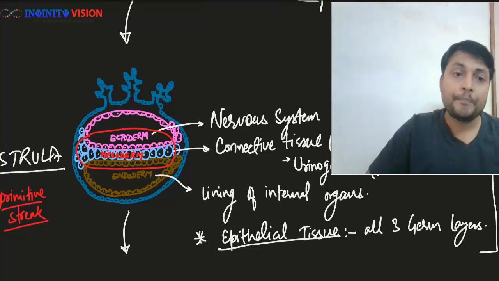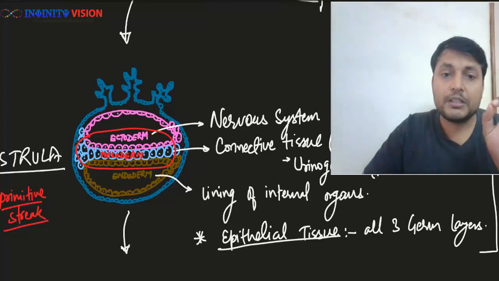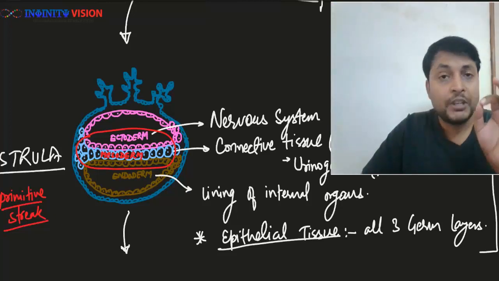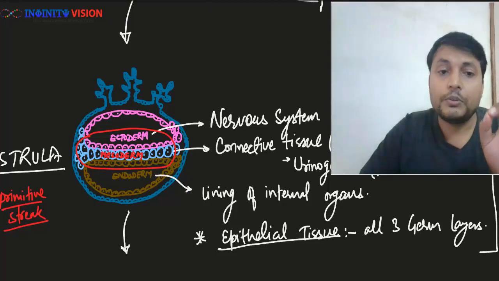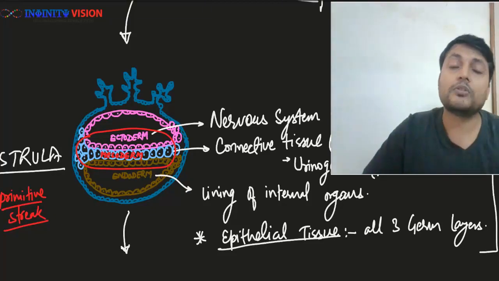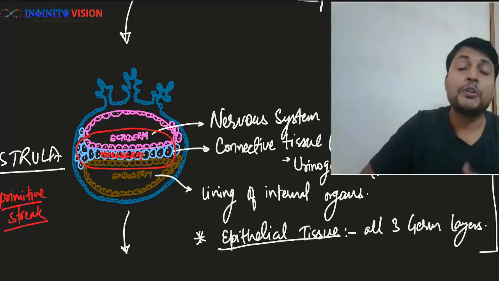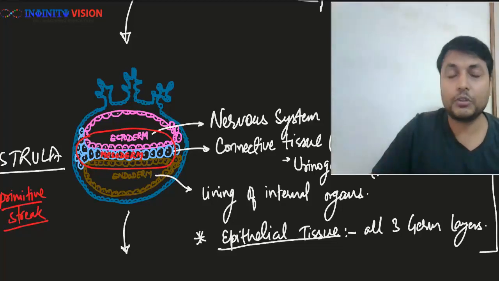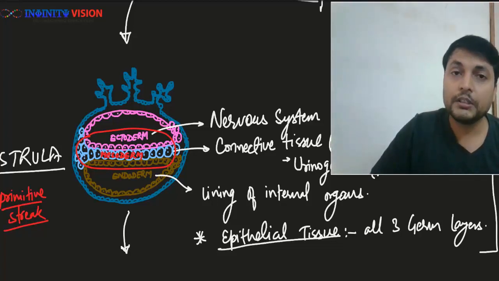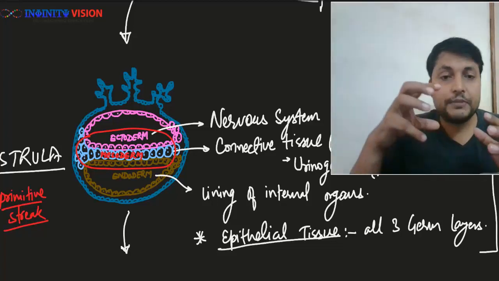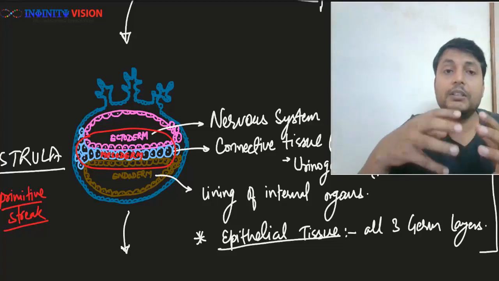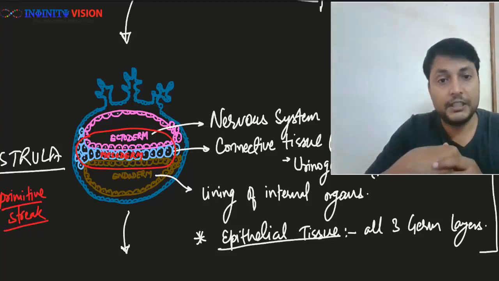If ectoderm is determined to form nervous tissue, the cells of ectoderm will form only and only the cells of nervous tissue. They will not be capable of forming any other cell, any other tissue. So this kind of determination is done during the process of differentiation.